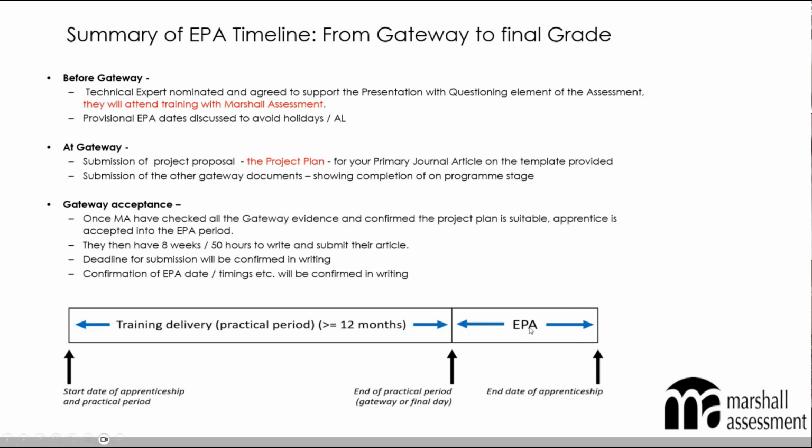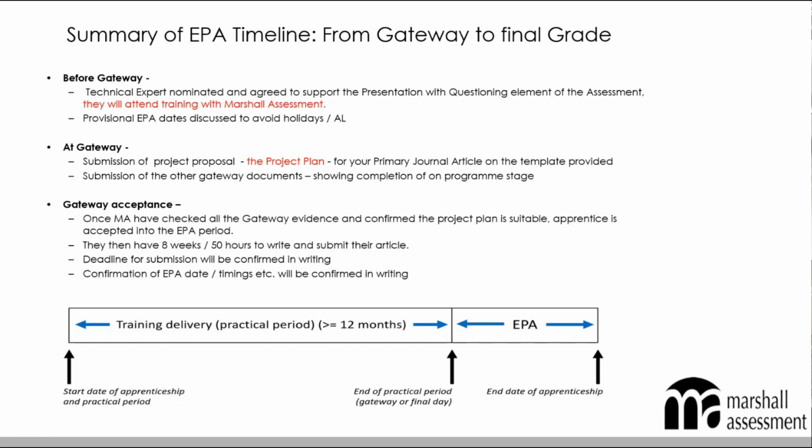Remember that primary research journal article will then go to an assessor and to a technical expert. They'll review it and decide the questions that are going to be asked. So the questions are already preordained for endpoint assessment. Once we've received that journal article and a copy's gone to the assessor and the technical expert, we'll confirm EPA dates and times, and that's a body of work that we'll do with Lucy and her team, and then she'll be in touch with you.